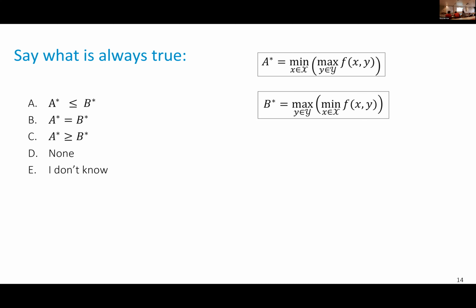I close in a few seconds. Closing. The majority says A, but we have a tie, and the correct answer is C. And let's see a mnemonic way of remembering this.